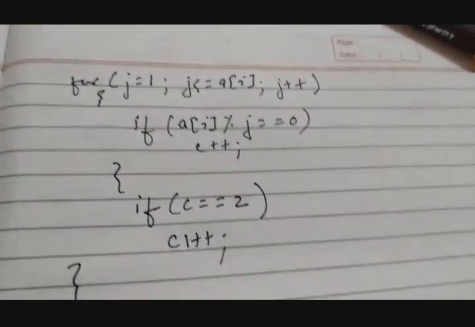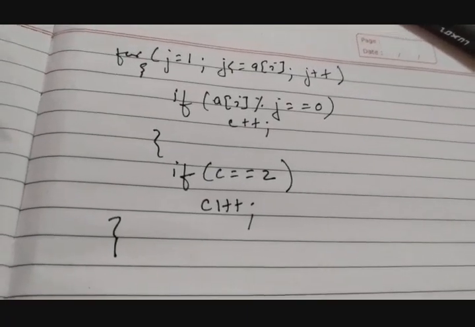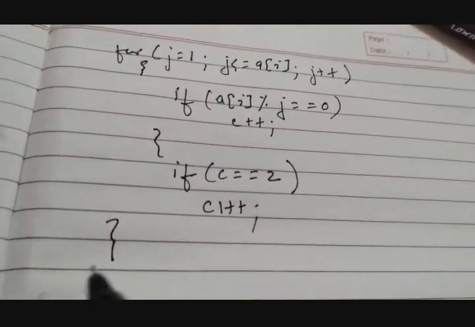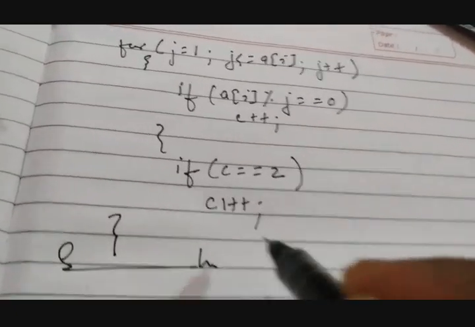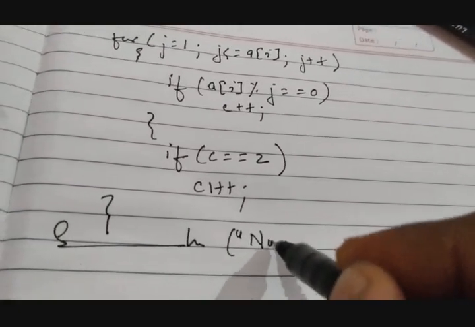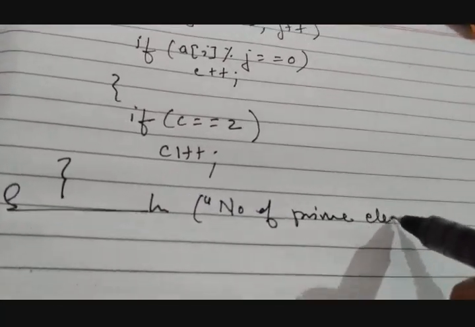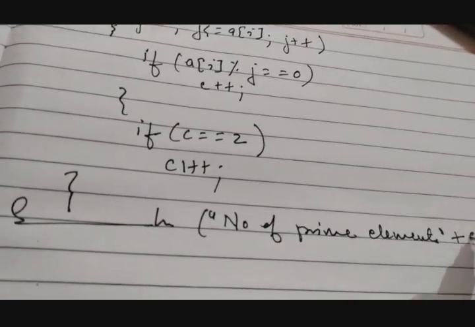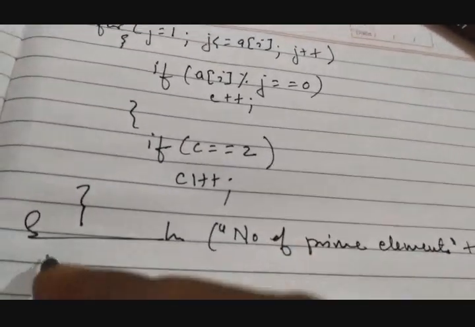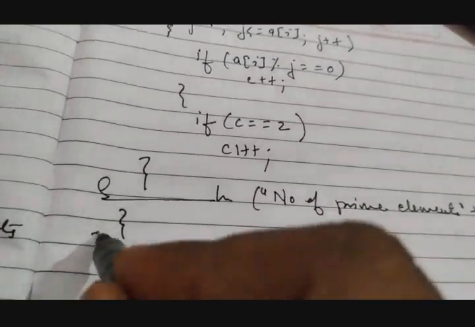The outer loop gets closed, and you have to now print how many primes are there. So print number of prime elements plus c1, and you close the main, close the class.